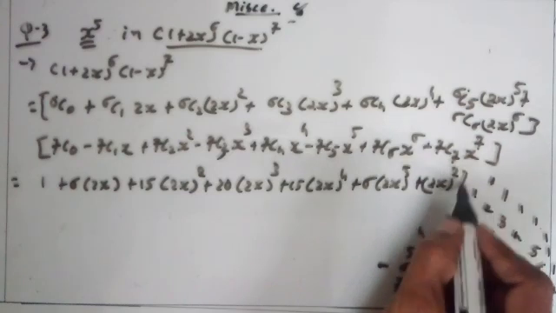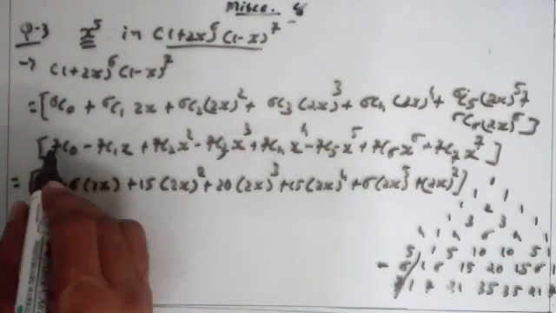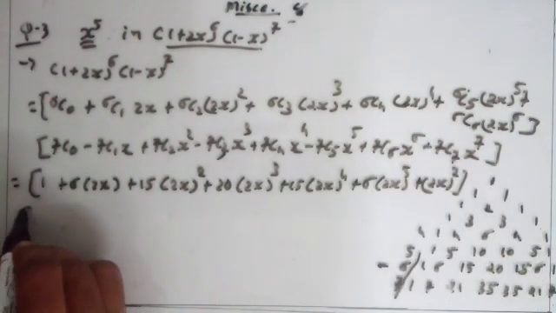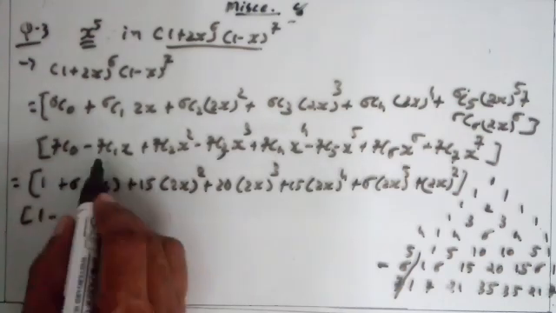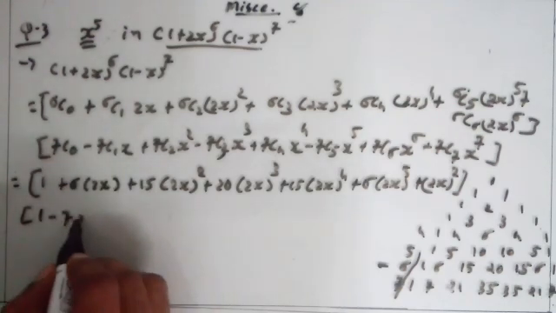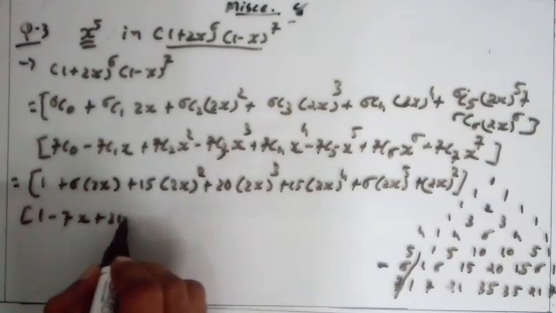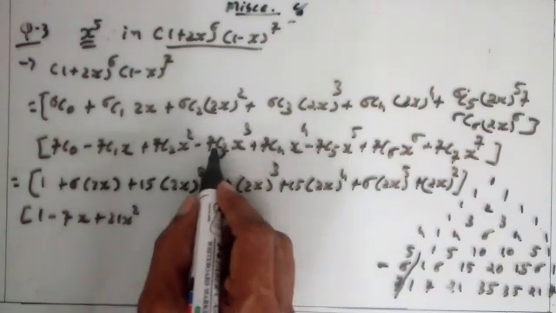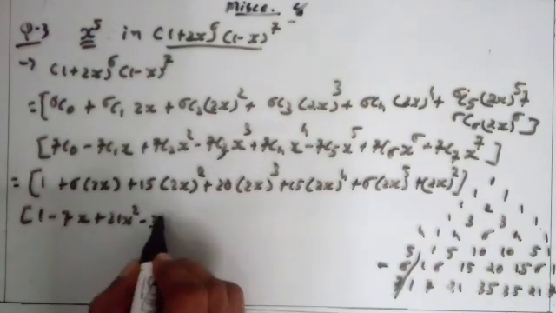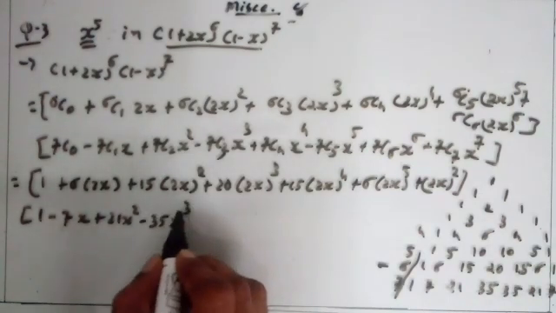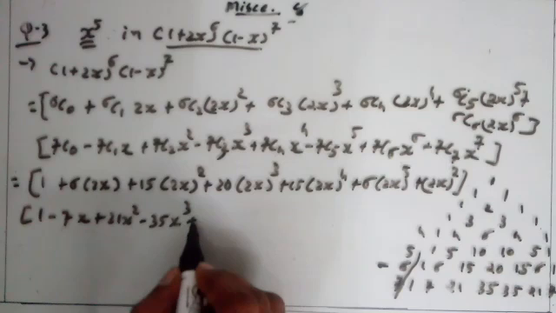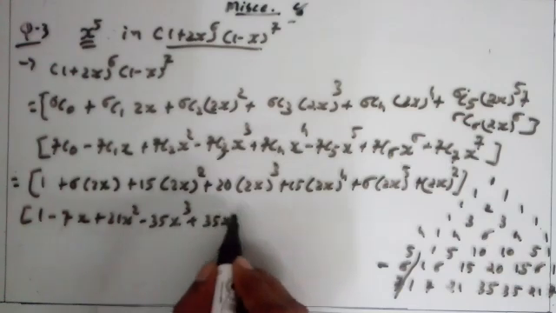Clear? Now 7C0 is equal to 1, minus 7C1 equal to 7 into x. 7C2 is equal to 21 into x square. 7C3 is equal to 35 x raised to 3, minus, plus 35 x raised to 4.